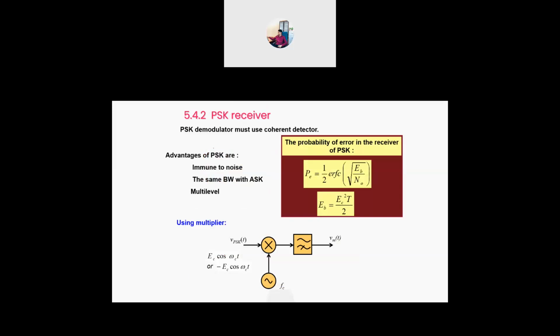In the receiver, the PSK receiver, the phase shift keying demodulator must use a coherent detector. Advantage of PSK is that it is immune to noise. Yes, this one we already discussed if you attended my class.